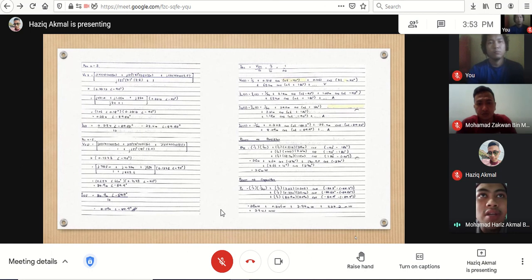And for the IS, we get 23.4 milli angle negative 89.82 degree. And the last one, VC5, 80.9 milli angle negative 89.9 degree. And IS5, 8.09 milli angle negative 89.0 degree.